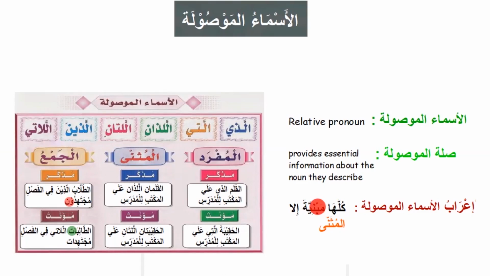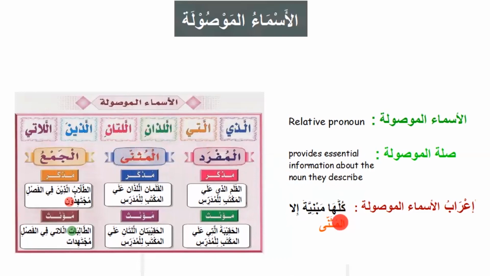All of them are mabni, fixed and unchangeable. Except the dual, the musanna, these two, allazani and allatani.